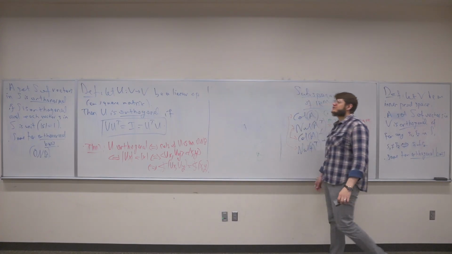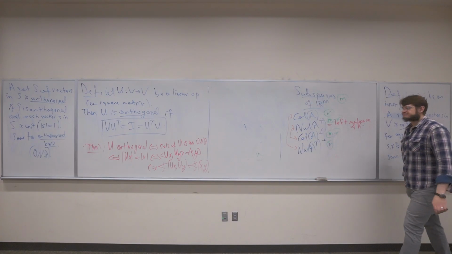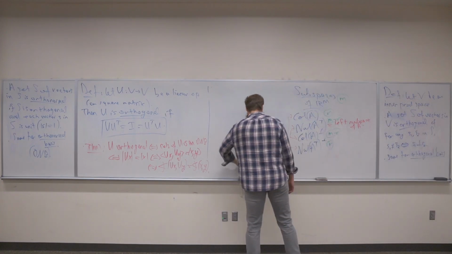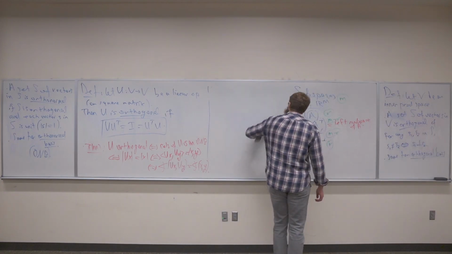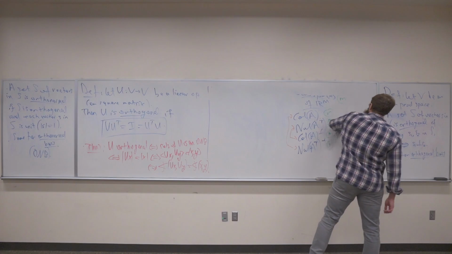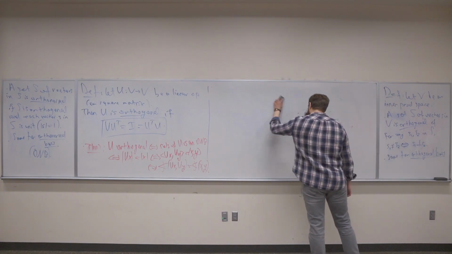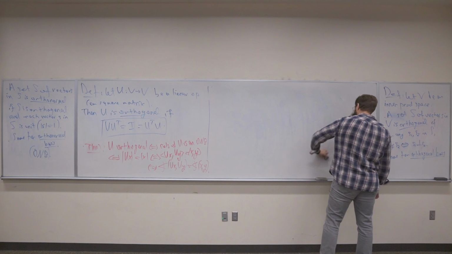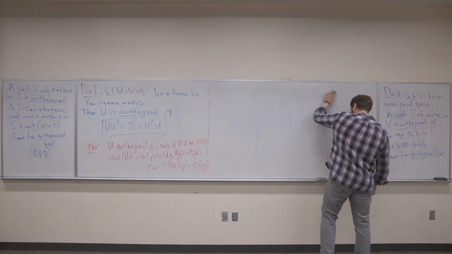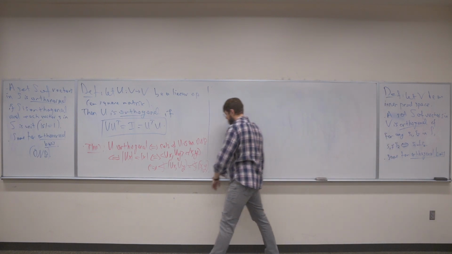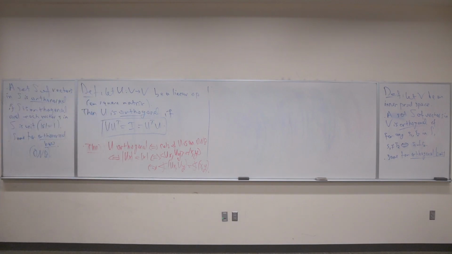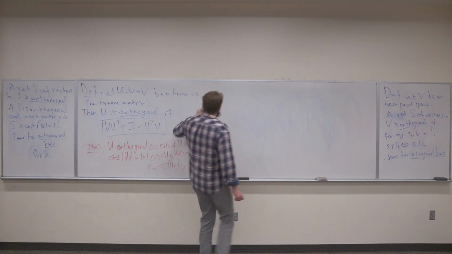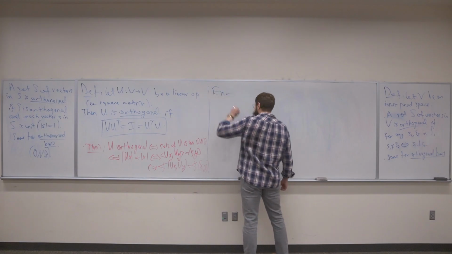So first of all, for instance, any permutation is orthogonal. Okay? So example.